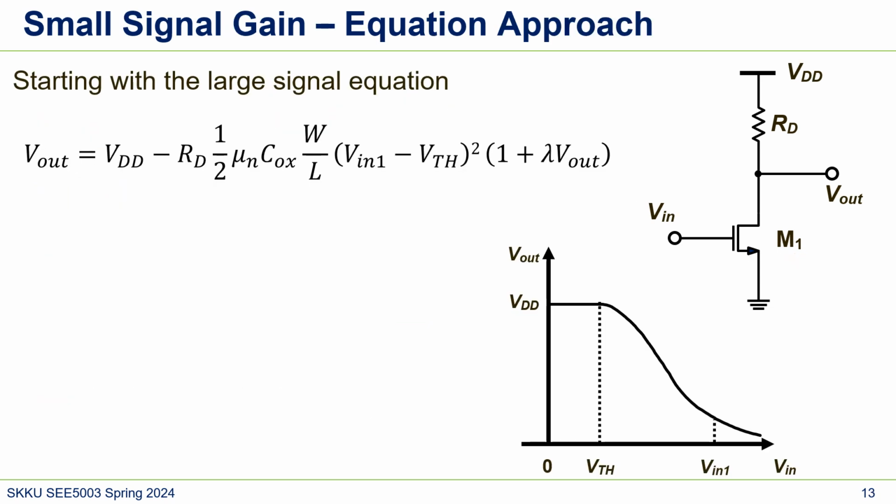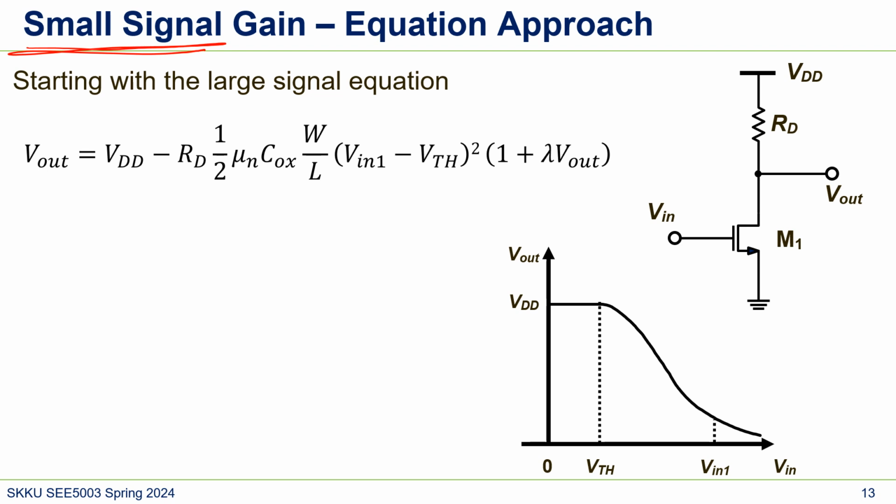Let's calculate the gain. Now it's small signal gain. So there's just back and forth sometimes. I mean, right before we talked about large signal, but now we suddenly talk about small signal. I know this is confusing, but the way we can understand it is when we talk about large signal, we're just talking about the operating point, the DC operating point.